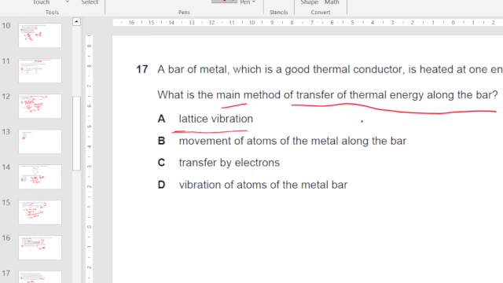The thermal energy will be transferred one and only due to the transfer of electrons. When the metal is heated, the electrons will be moving from one place to another place. Hence, the transfer of thermal energy will be there from one part of a conductor to another part. Option C is a correct option.